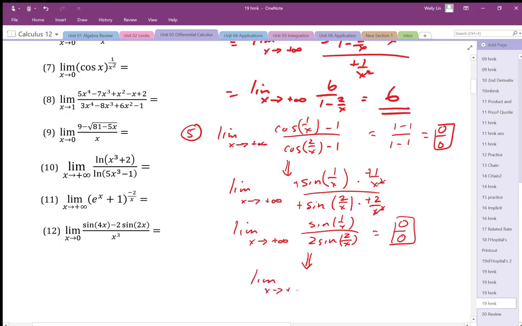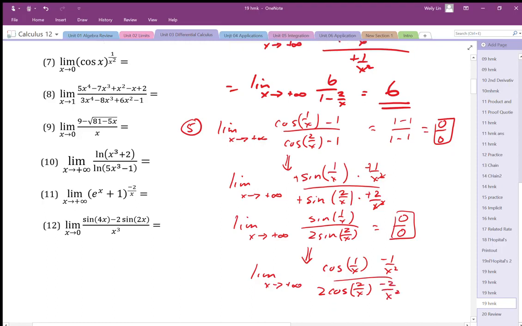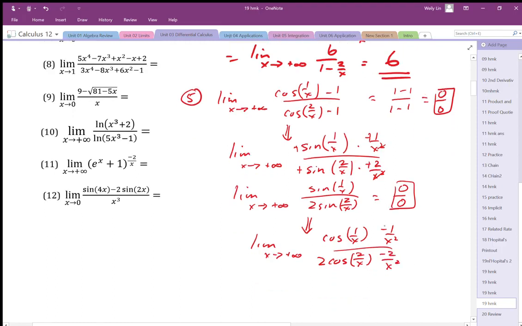In applying L'Hopital's, I end up with cosine 1 over x, chain rule, times negative 1 over x squared, cosine 2 over x, chain rule, times negative 2 over x squared.